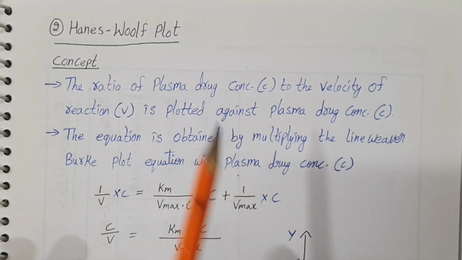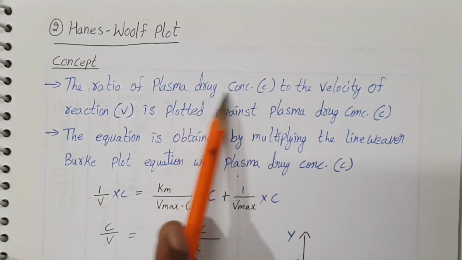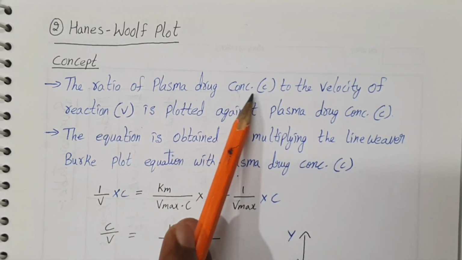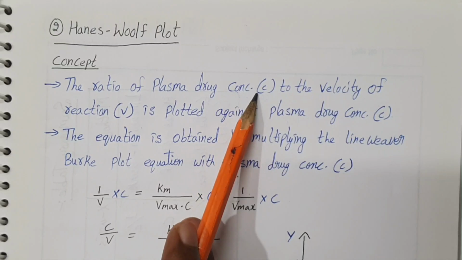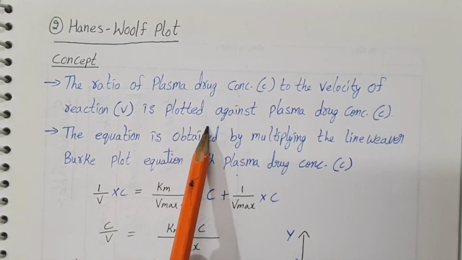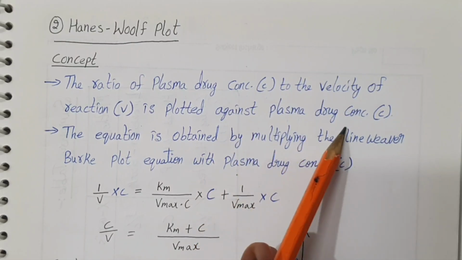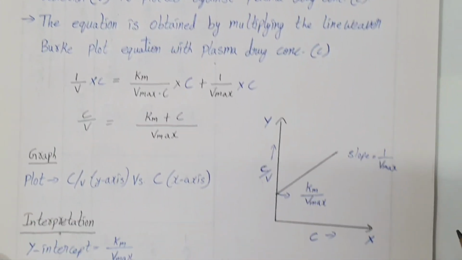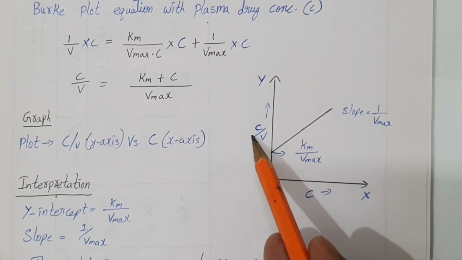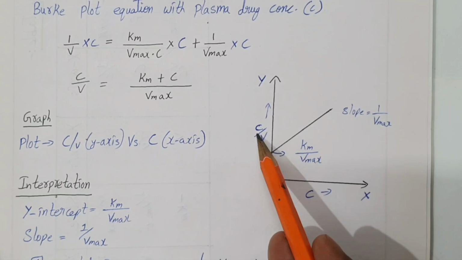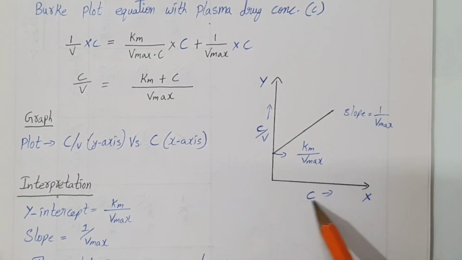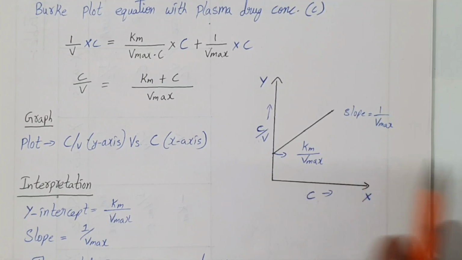Here the concept is we take the ratio of plasma drug concentration to the velocity V. We are taking C by V and plotting it against the plasma drug concentration C on the x-axis, which you can see in the graph.